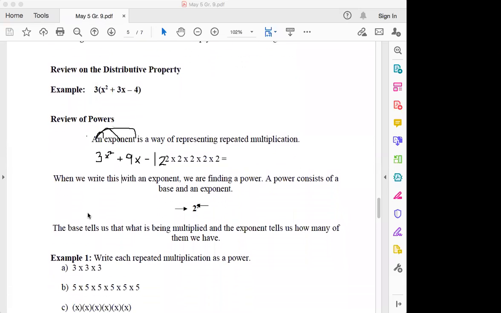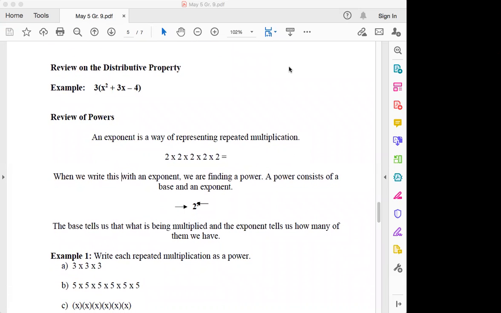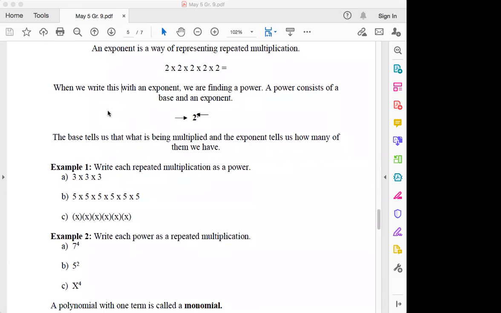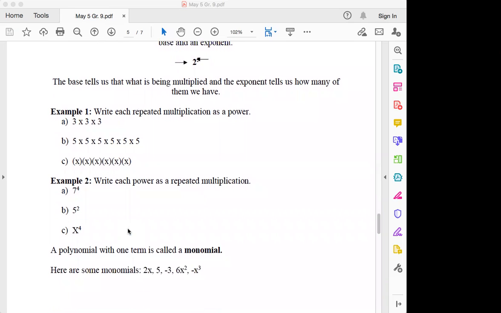Okay, so the base tells us what is being multiplied, and the exponent tells us how many of them we have. So for example, if we look at 3 times 3 times 3, that as a power would be 3. Our base is the number that's being multiplied, and it's being multiplied 3 times.